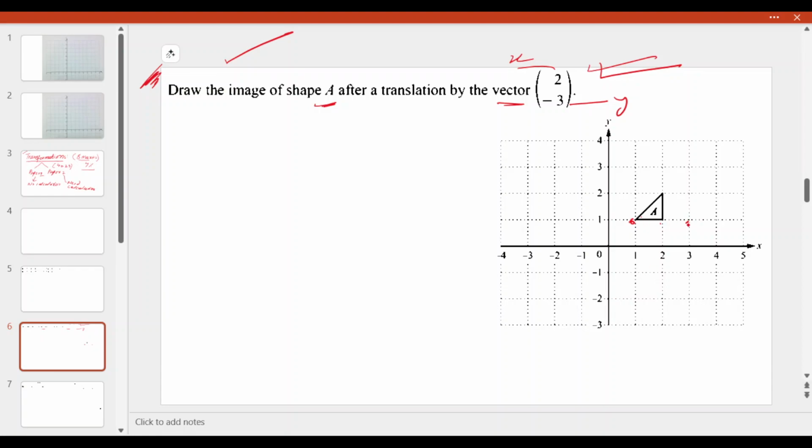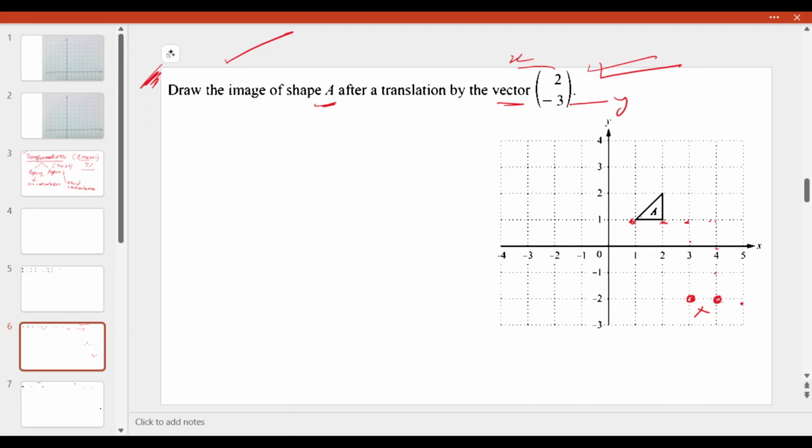2 units towards the right x-axis, 1 2, and 3 units downward, 1 2 3. So this is over here translated, and this point similarly, 2 units here and 3 units downward, 1 2 3.